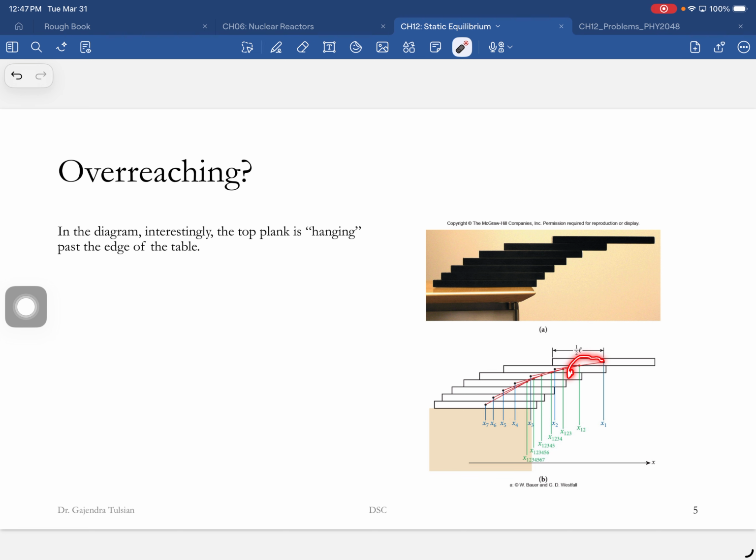The center of gravity of these three is there, behind the edge, and so on. As long as the center of gravity of these is behind the edge, then you're good.